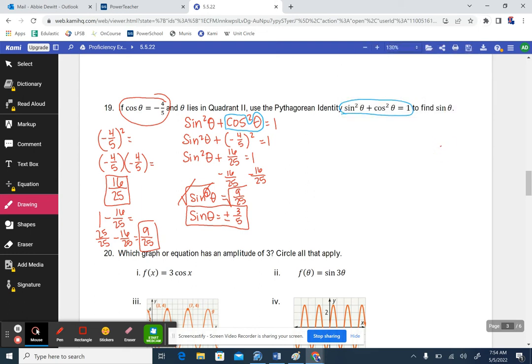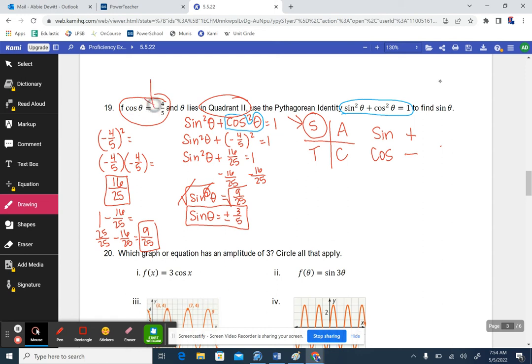Hold on. Okay, so you also have to use the note of quad 2. Remember, quad 2 is here. What is the sign of sine and cosine? Okay, so all students take calculus. In quadrant 2, that means that sine is positive and cosine, if it's not positive, it's negative.